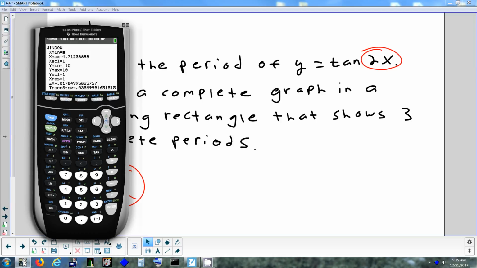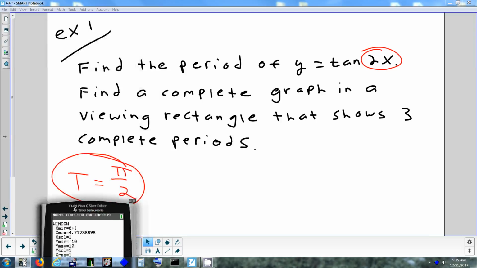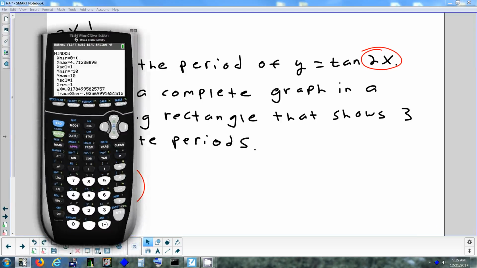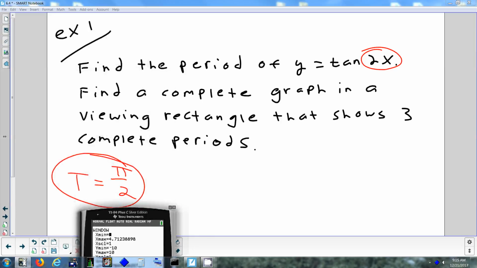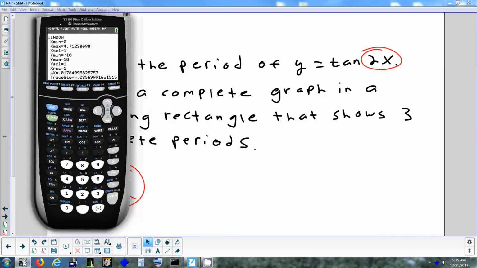Let's do a quarter shift. The period's pi over 2, so you know what, let's do a half shift. I think if you shift that by half a period, then you're going to bump this section to the left edge of the screen, and that will come out on the other side. Okay, so half of the period is pi over 4.